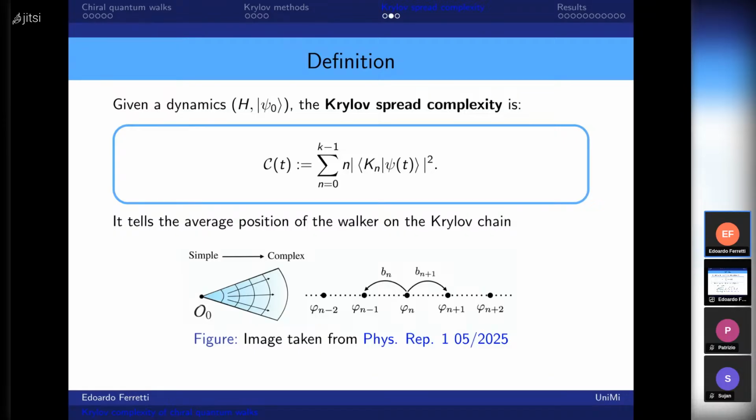You have phi n, which is this overlap, and you have the walker hopping on the chain. And at each time, you can basically describe all the moments of this distribution on the chain. And this is the first moment of it. This is the complexity, which doesn't tell you how spread the walker is on the chain. It just tells you how far it goes on average.